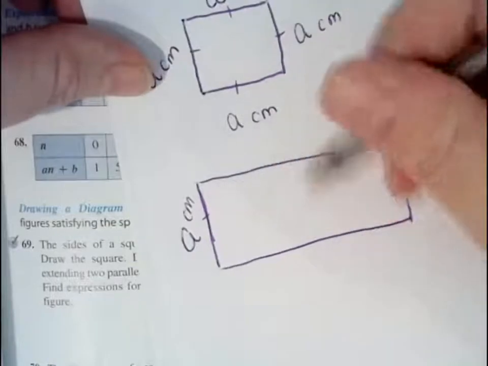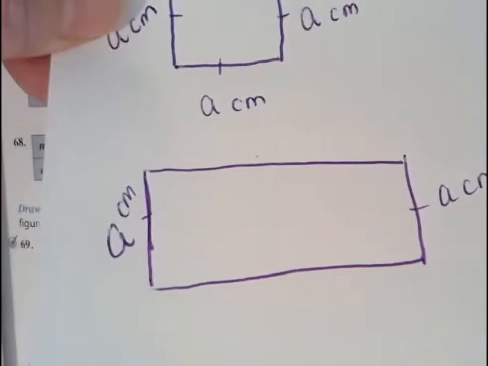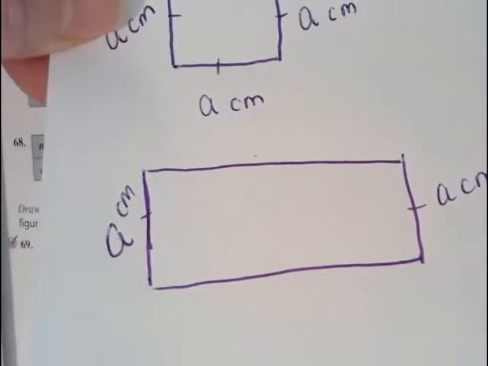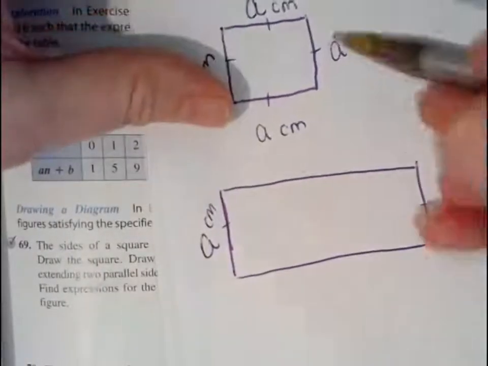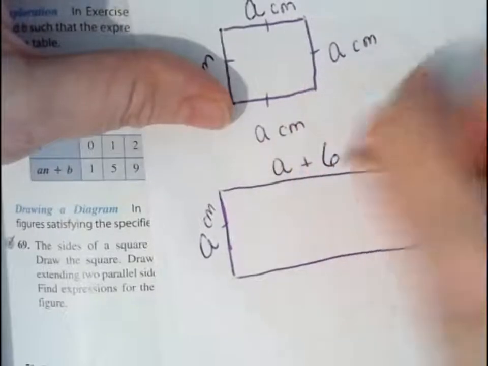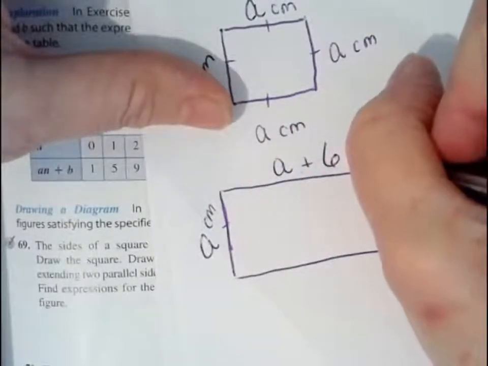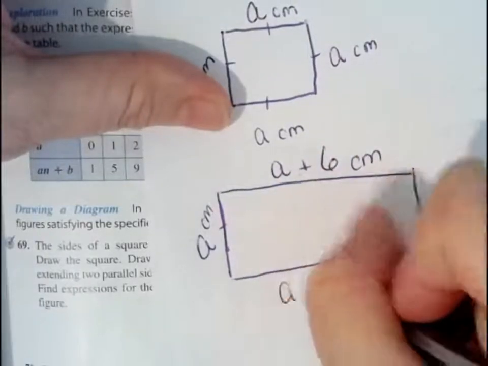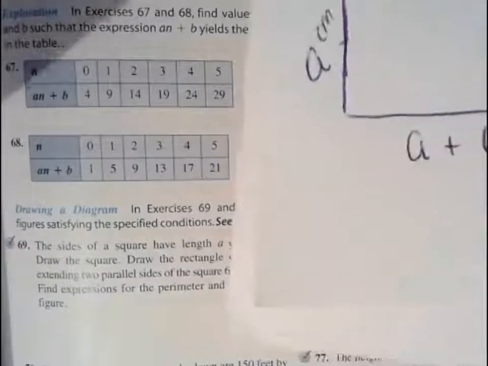But these 2 sides here are going to be 6 centimeters larger than a. So that means it's going to be a plus 6 centimeters. A plus 6 centimeters. A plus 6 centimeters.